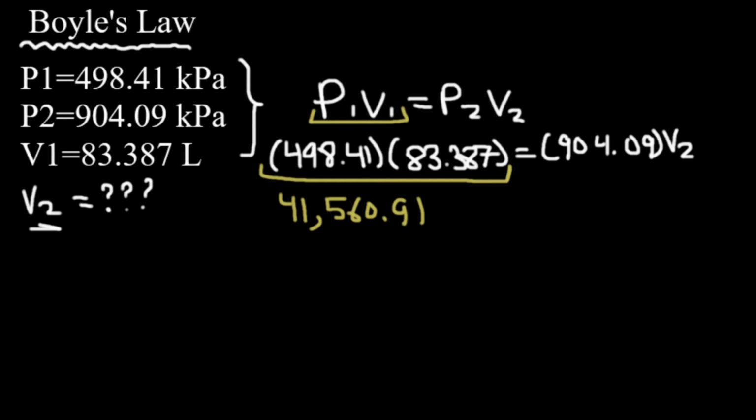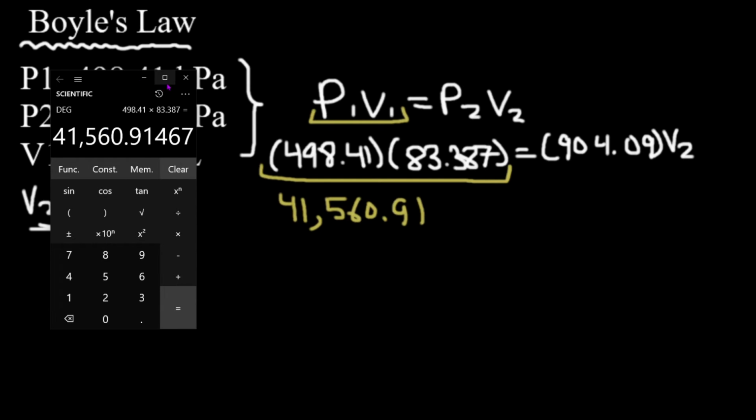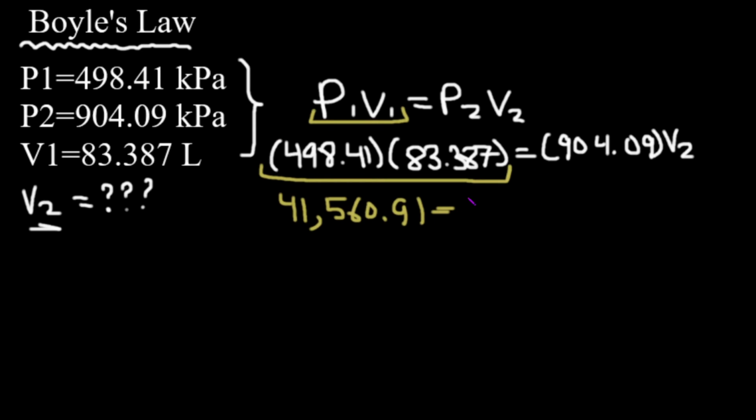Just to double check, you can never be too sure, 41,560.91, okay, that's correct. And on the other side, you would simplify this as 90.40. Oh wait, I got that completely wrong. Let me undo that. Oops, it's 904.09 V2.